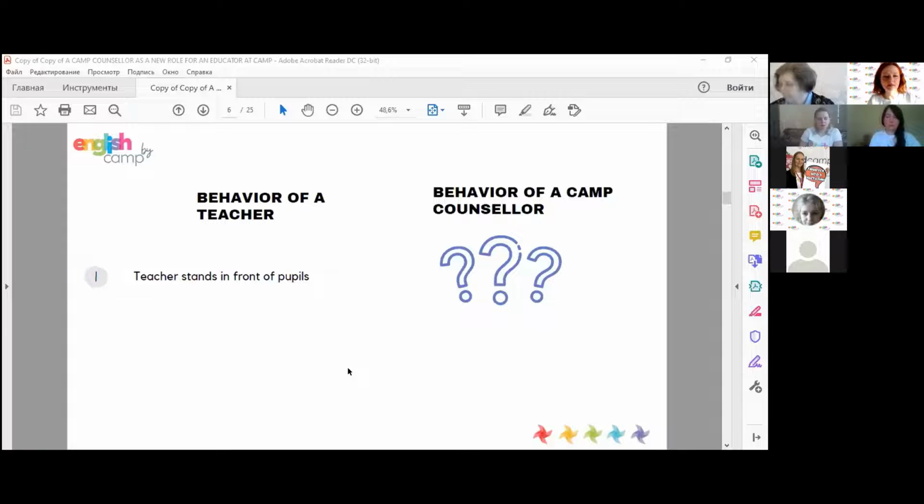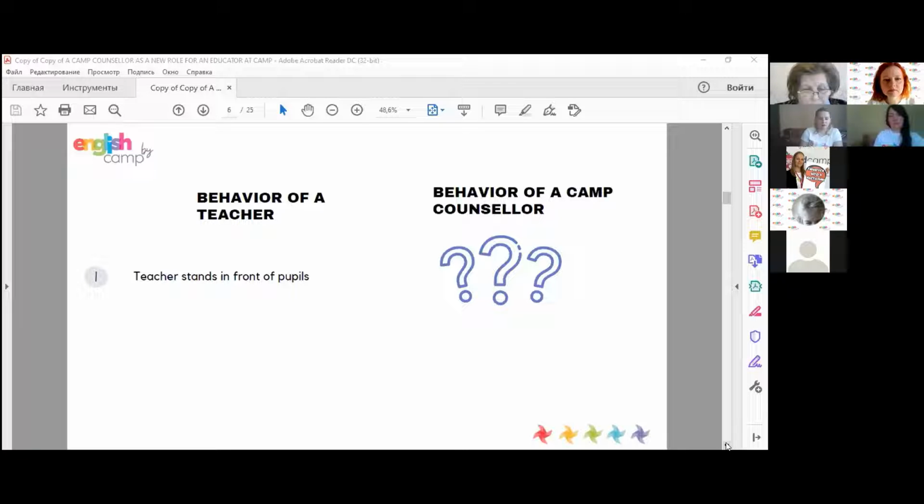Example: the teacher stands in front of pupils. Dear colleagues, what do you think? What does a camp counselor do? Create a special atmosphere. Yes, great, you're right. A camp counselor is a man not at the side.